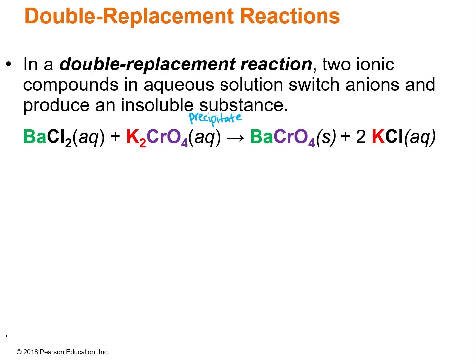So I've got this color coded so you can see how the ion switching takes place. You've got these two solutions. We've got barium chloride and potassium chromate. You mix them together. Now you have barium chromate, which is a solid, and potassium chloride. So they've switched anions and you formed a precipitate.